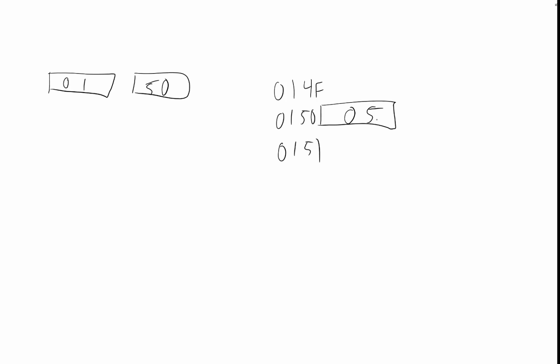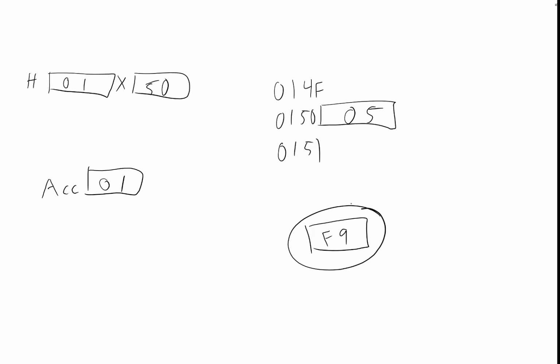That would add 5 to the accumulator. So if that accumulator, this by the way is H and that's X, had a value of 1 and we ran object code F9, we would see that the value in the accumulator would go to 6.